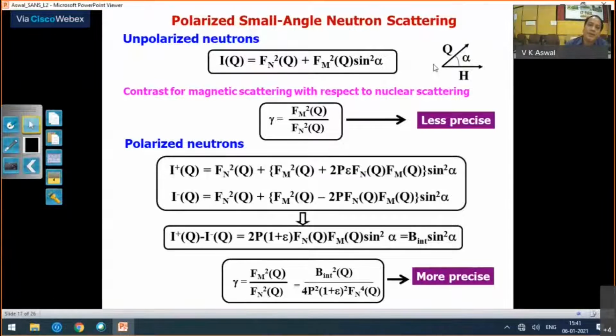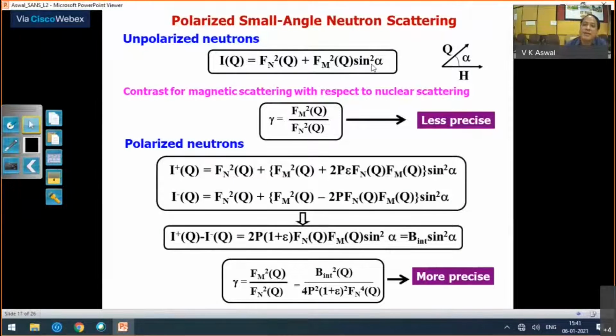And so to see the magnetic contribution, you have to apply a field to the system so that your moments are aligned. Alpha is the angle between the direction of Q and H. So when alpha is 0, you will have only the nuclear contribution.